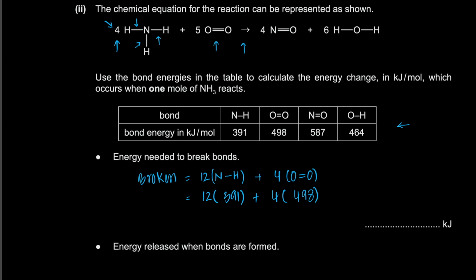I'm getting a big number. It is 6684. I don't have to write positive, but when in doubt, just write positive because it is positive. It's not a negative value.